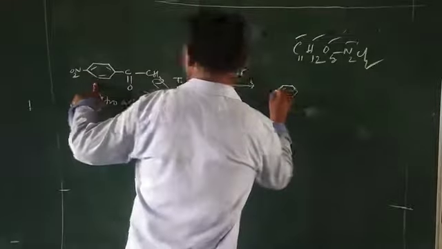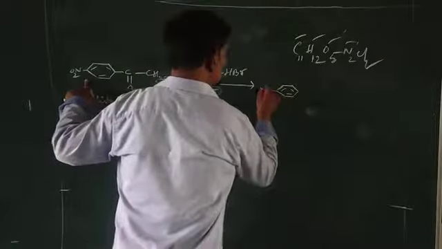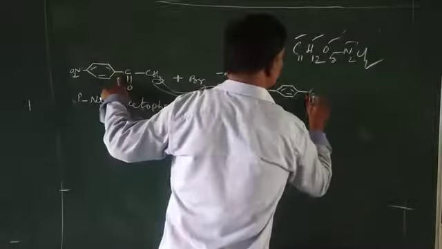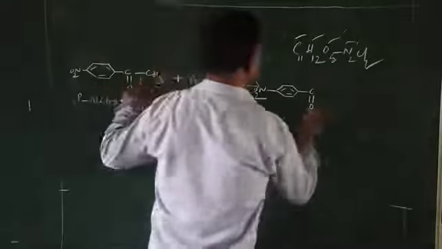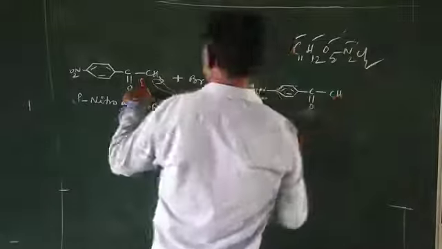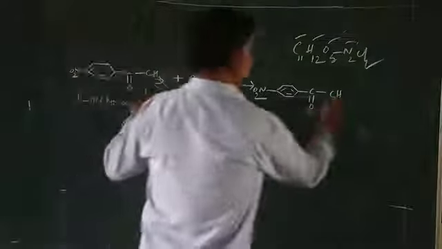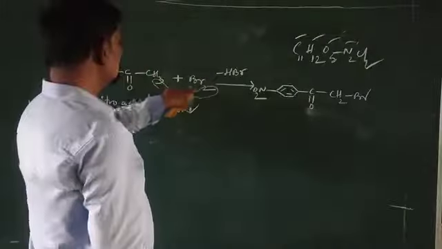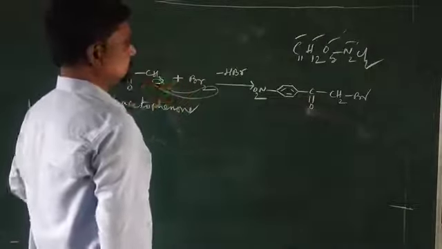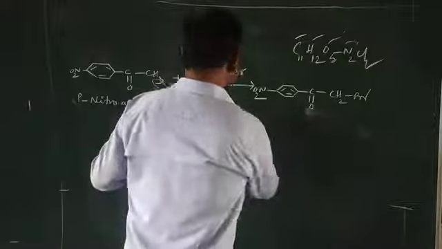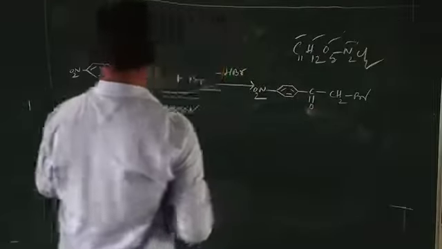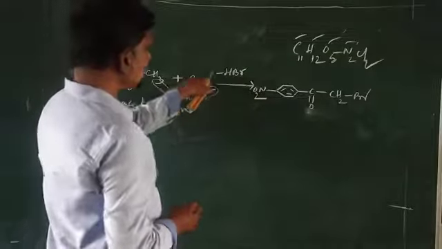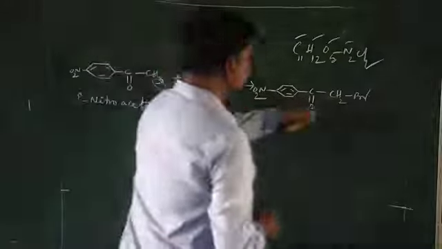Here benzene ring and in this position nitro group is there NO2. In this position C double bond O and here CH2 and Br. So here Br connected. So we will get this compound. So para-nitroacetophenone and bromination it is eliminated the HBr. We will get this compound.